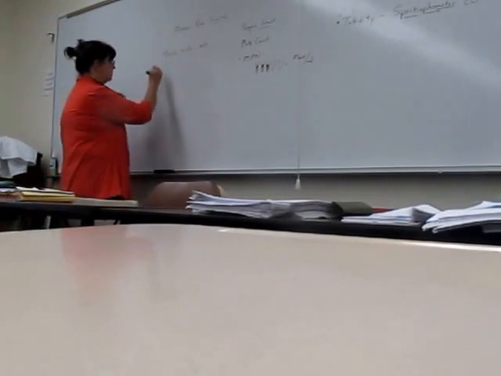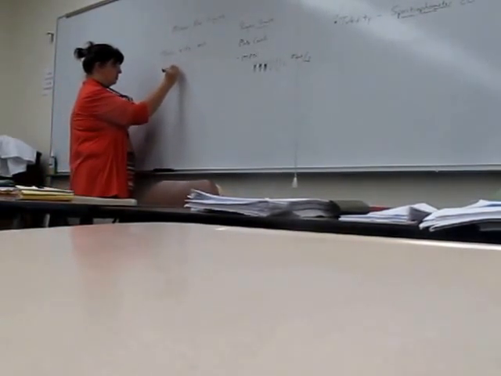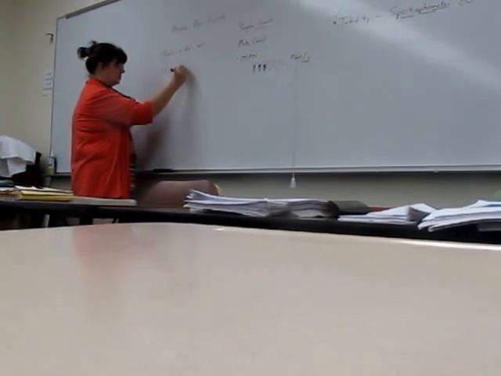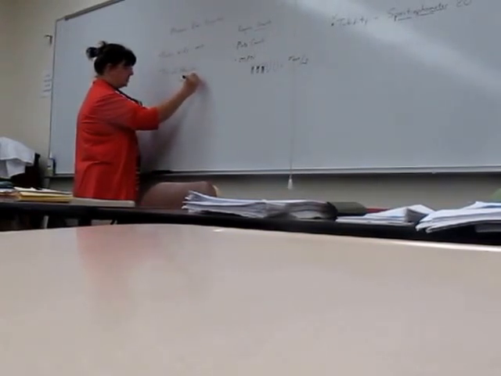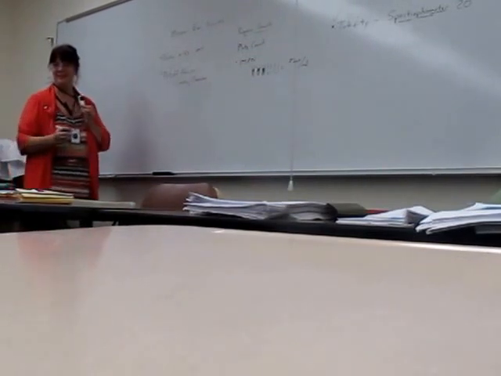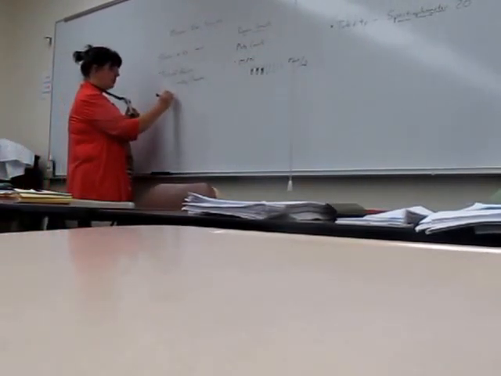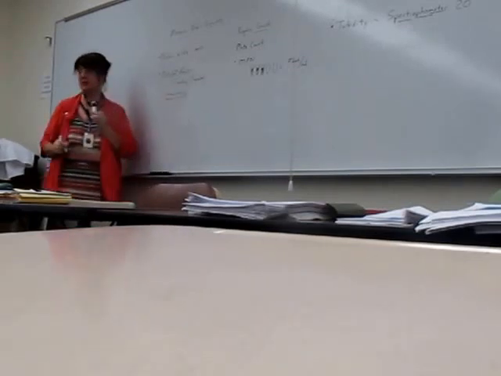Okay, for another one, this is called the Petroff-Hausser counting chamber. Take a wild guess what the researchers' names were. Petroff and Hausser. You literally have a microscope slide that has a small depression in it.